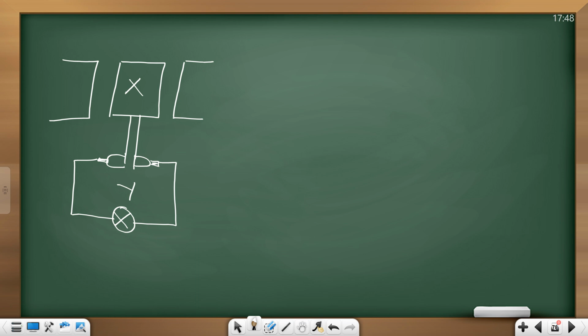X and Y, quickly. X is AC. Please, let's take note. The current generated here is AC, and the current generated here is DC. Why AC? Electromagnetic induction always produces alternating current.